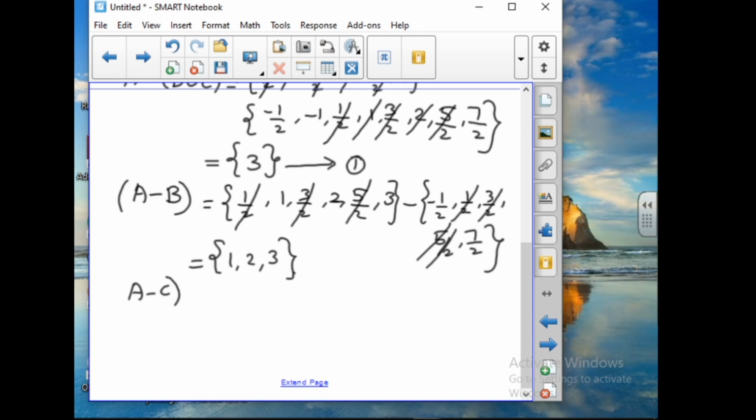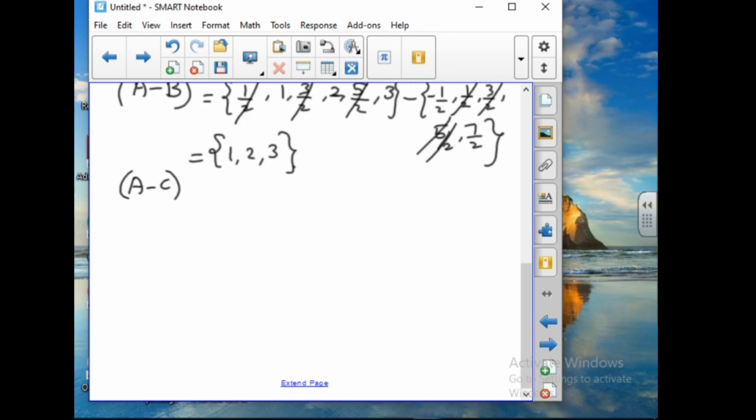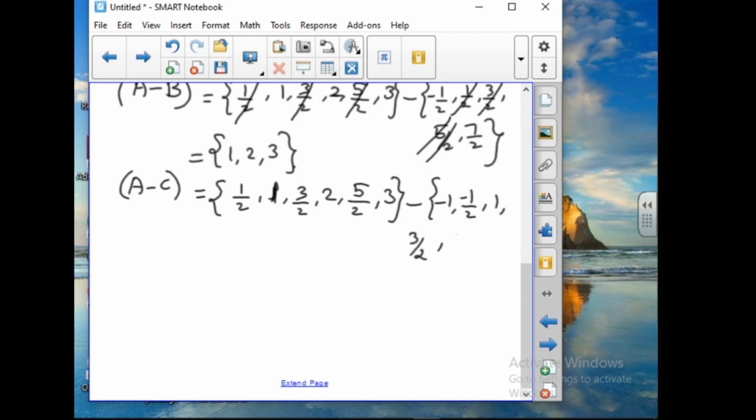Then next you can find A difference C. Your A set is 1 by 2, 1, 3 by 2, 2, 5 by 2, and 3. Difference the C set. The C set is minus 1, minus 1 by 2, 1, 3 by 2, and 2.